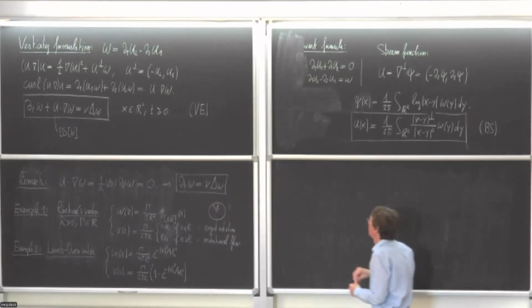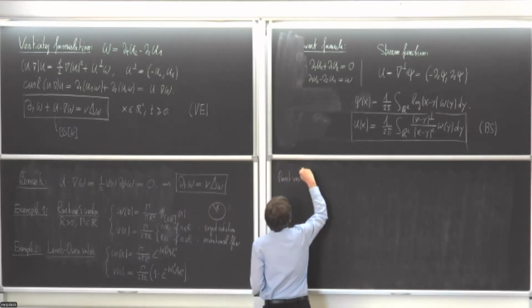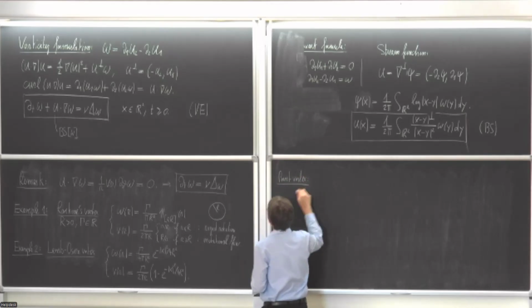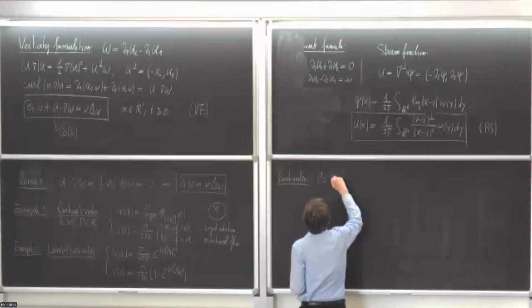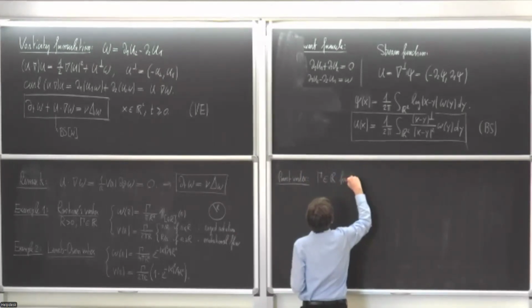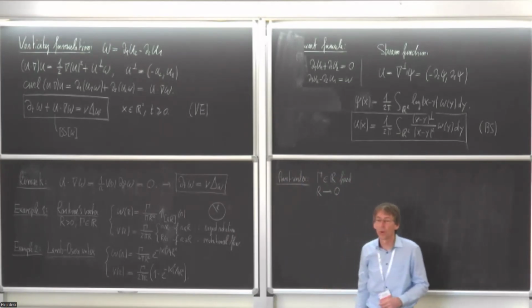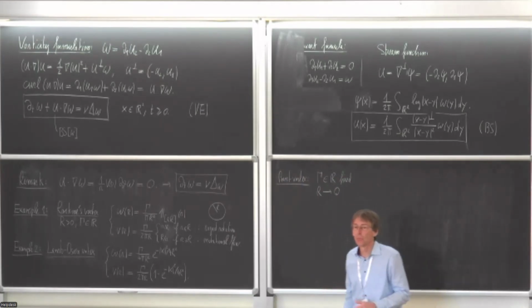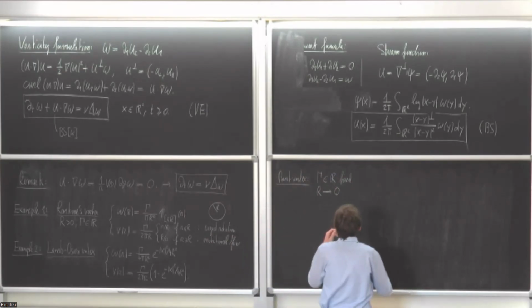You have a singular limit, which is a point vortex. So a point vortex can be obtained from the preceding examples by taking gamma in R fixed and by sending the size of the vortex to 0. So you suppose that the vortex is more and more concentrated. So you do that in both equations and you find the same thing.